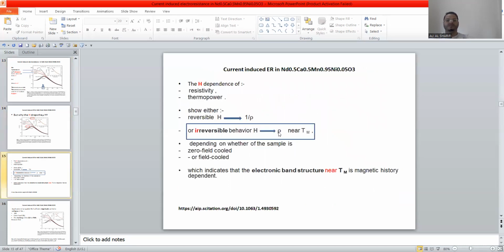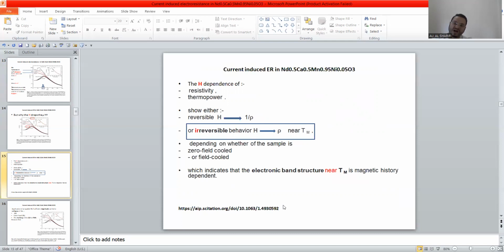Here, after taking some information from another article on this link, the magnetic field depends on some things like resistivity and thermopower. That means there is some relation between the magnetic field and resistivity. They show a reversible relation between the resistivity and magnetic field.